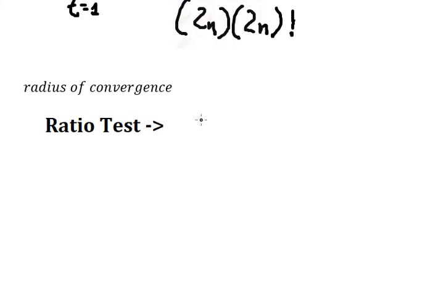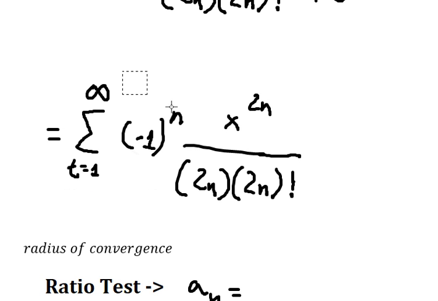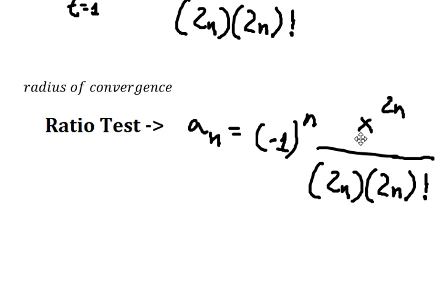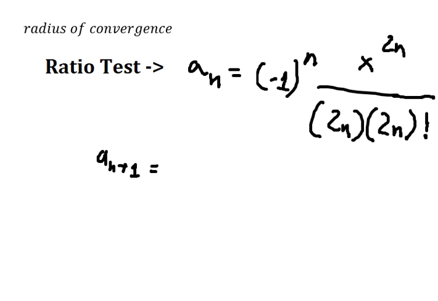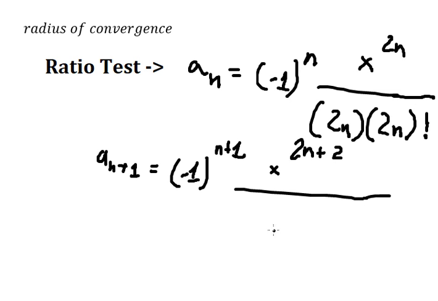So I will put a_n, that is about this one, and a_(n+1), that is negative 1 to the power of n plus 1, because if I put n plus 1 in here, you get 2 multiplied by n plus 1, so 2n plus 2. Similar for this one.